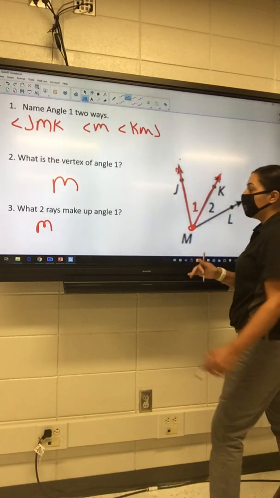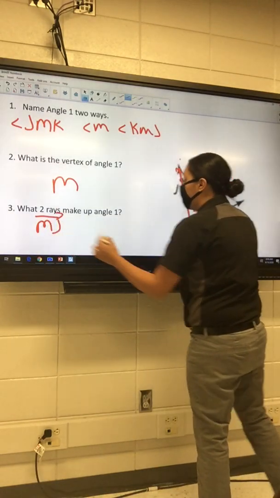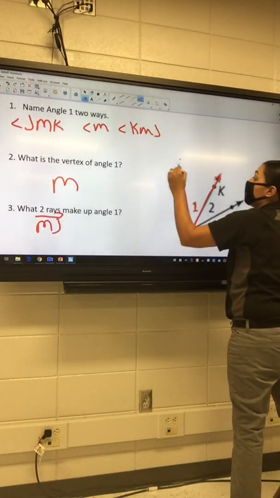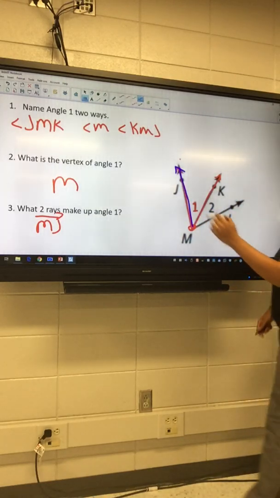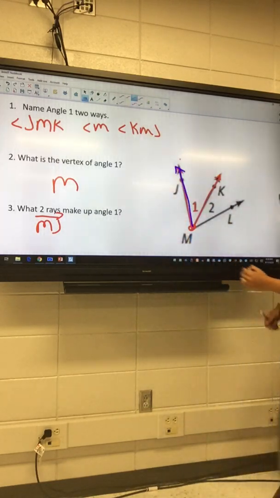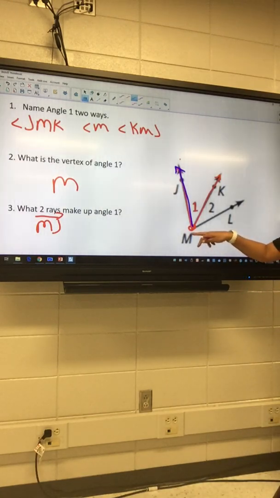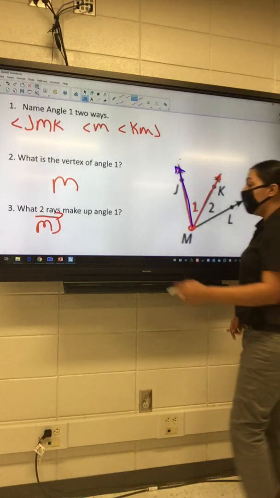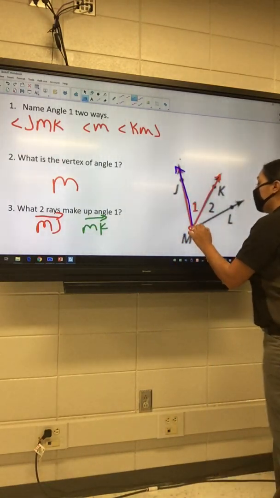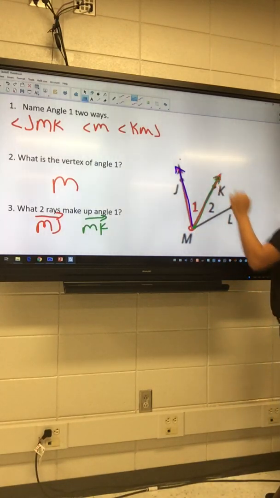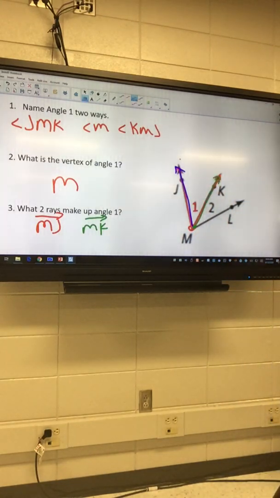J. So 1 ray is called MJ, which is this one. What's the other ray that's connected to it? We start at M and we go which way? K. It goes up to K. So ray MK, that would be this one.